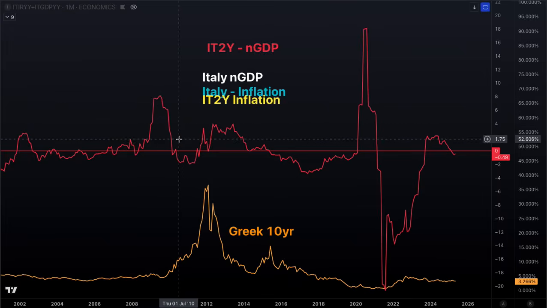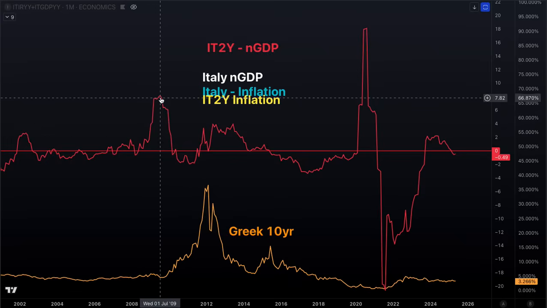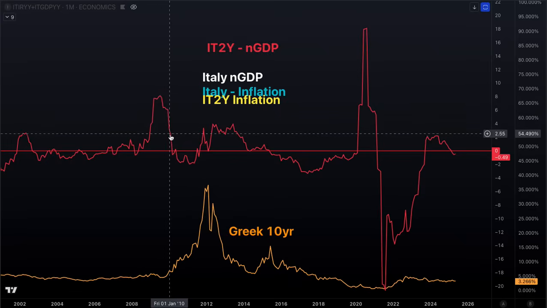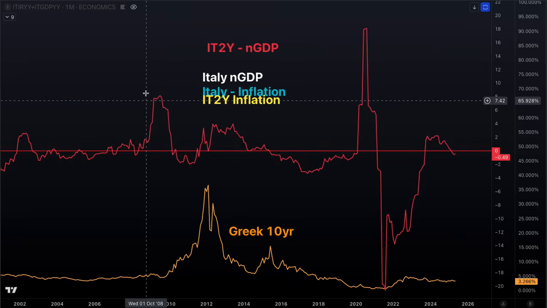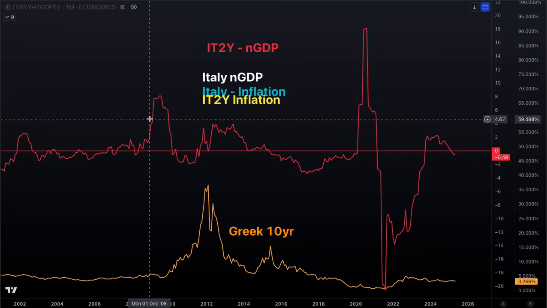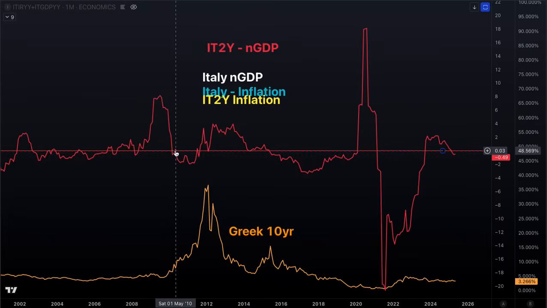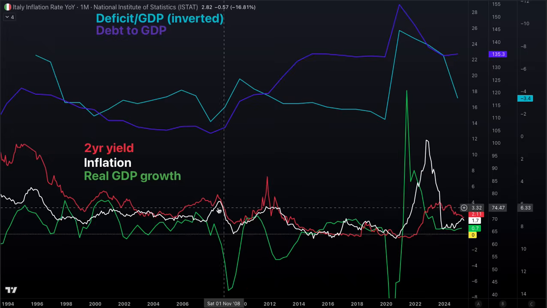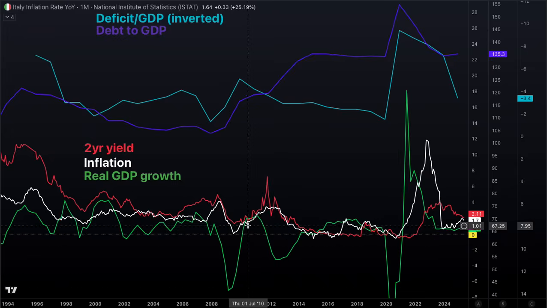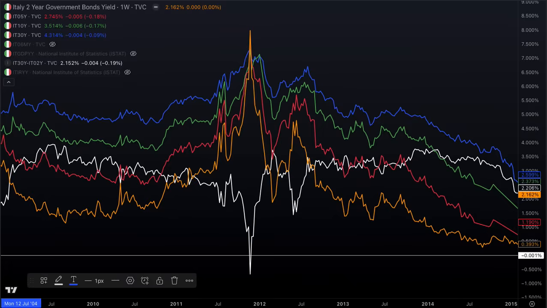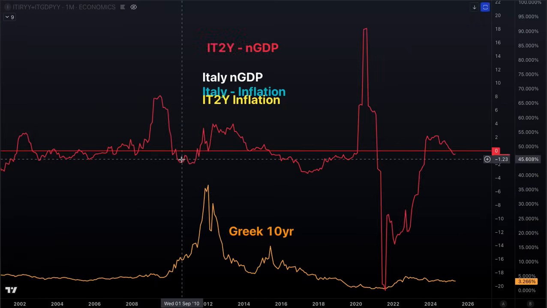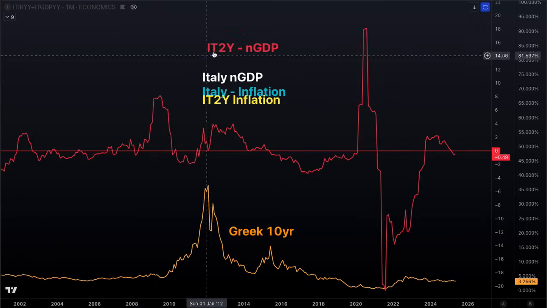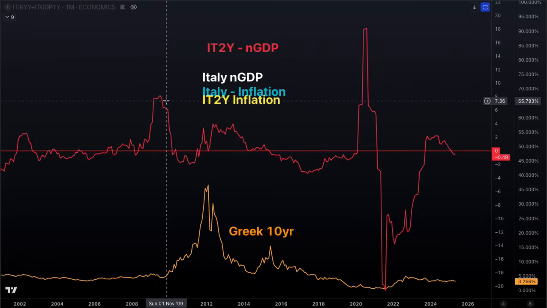Sure, there's the recovery, and we can see that, as nominal growth starts to rise, this premium of the 2-year over nominal growth starts to come down, right? So the debt becomes less burdensome as you start to grow, right? Because remember, the economy was able to recover here, and real growth did pick up. So you saw a decrease in this debt burden, the cost of the debt over nominal growth.